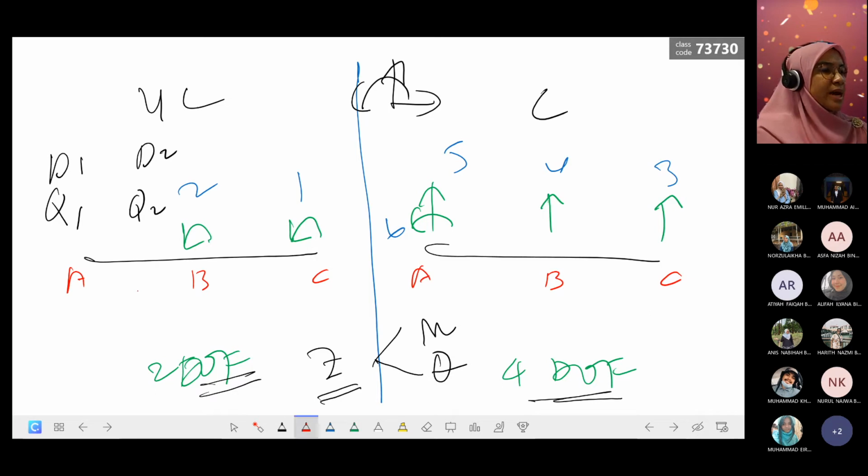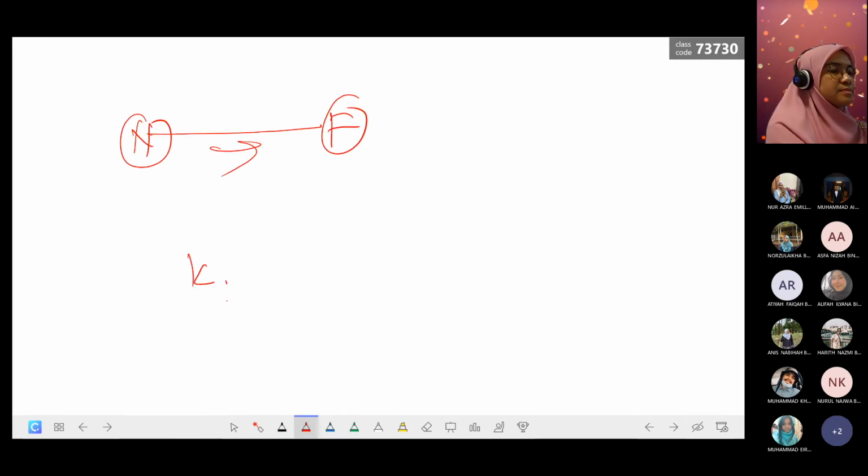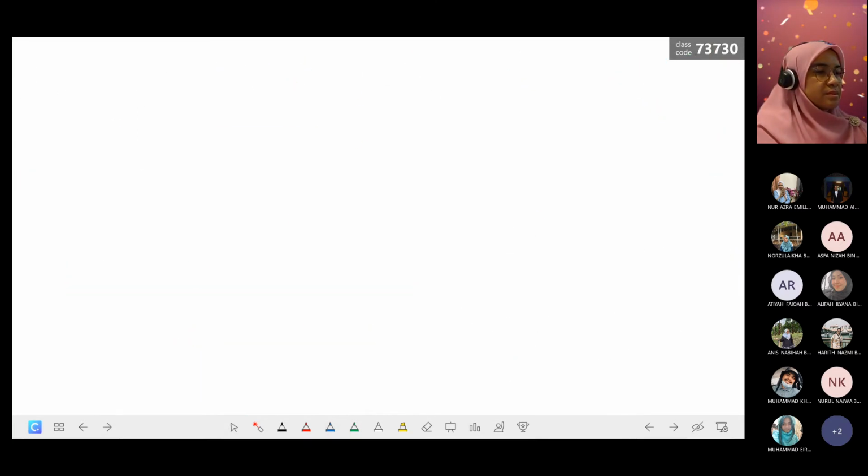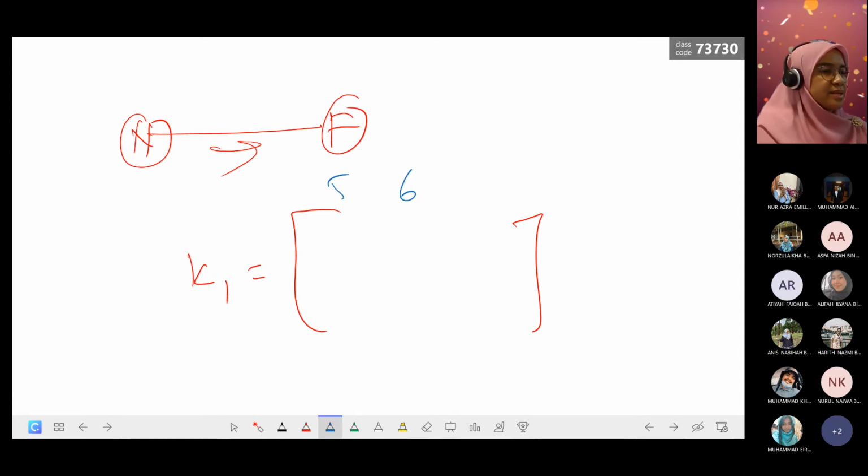Macam mana kita nak labelkan elemen number 1 ni? K, for K, YZ untuk elemen 1. It is 5, 6.